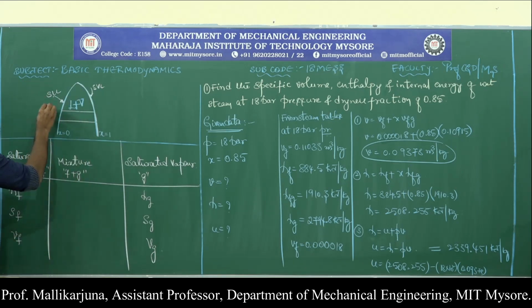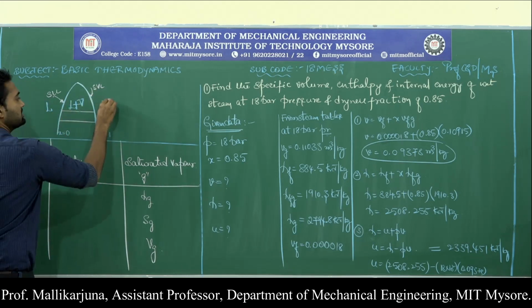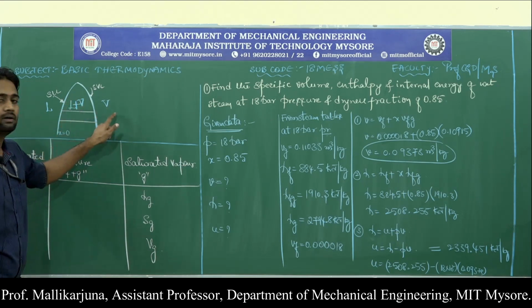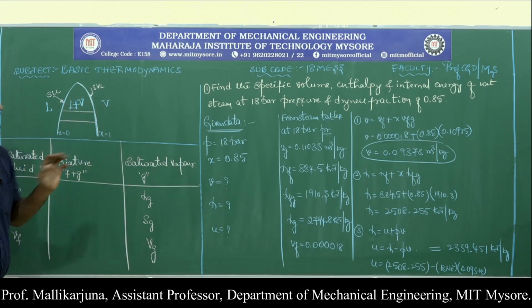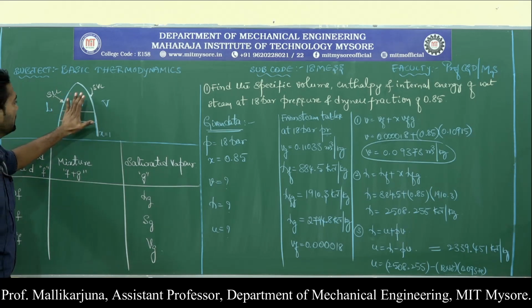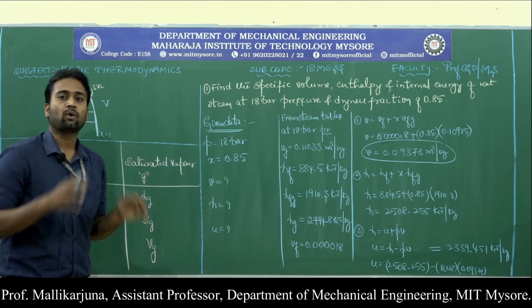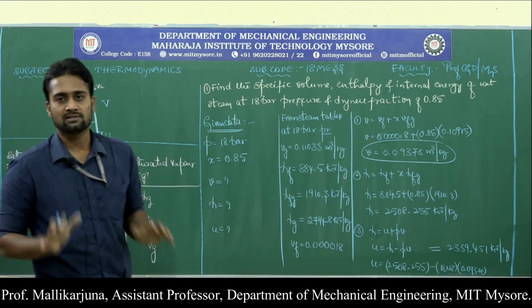Left of this line it is liquid, right of this line it is vapor. So, as I said, I will be looking at either the liquid plus vapor region or the vapor region. My intention will be focused on these regions to look at various properties of the given substance.